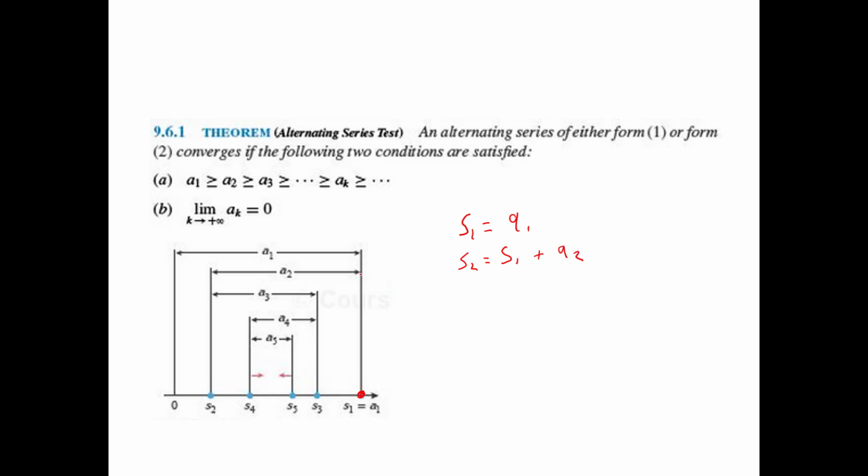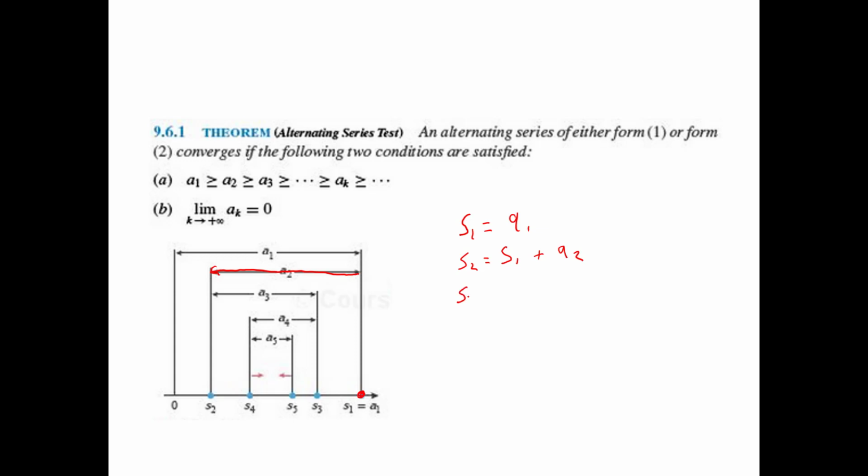And so you see here that you're starting at A1 and you're moving to the left now because A2 was a negative number, right? We're using the positive, negative type, but a similar argument could be made for the other one.